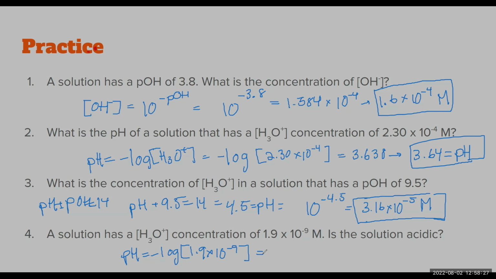If I plug that into my calculator, we should get an answer of 8.72 is equal to our pH. So the question asks, is it acidic or not? Remember that acidic is going to be between a pH of 1 to 7. And basics are going to be between 7 and 14. 8.72 is between 7 and 14. So the solution is not acidic. And yeah, it's going to be a base.